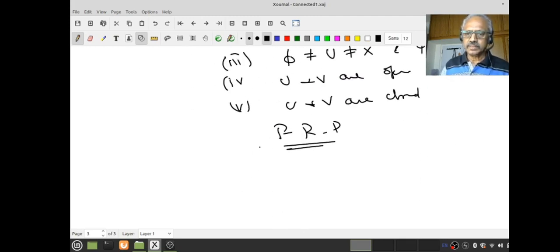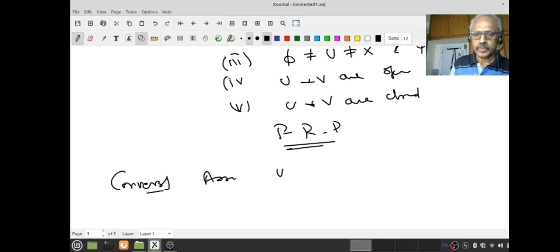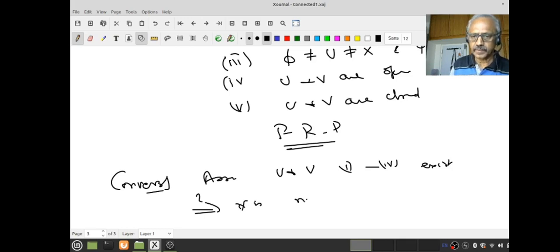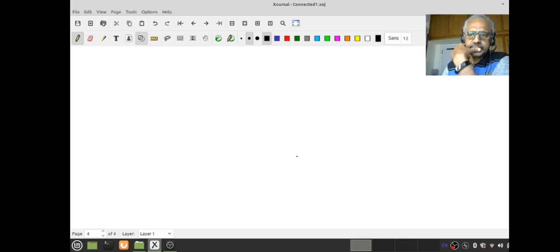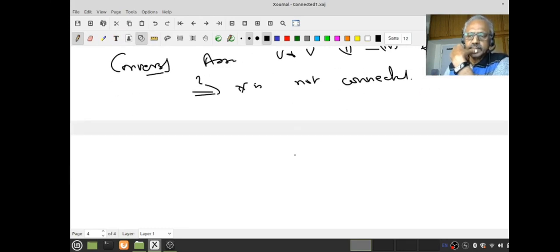Conversely, assume U and V satisfying 1 to 5 exist. Then I want to know X is not connected. How do I prove X is not connected?